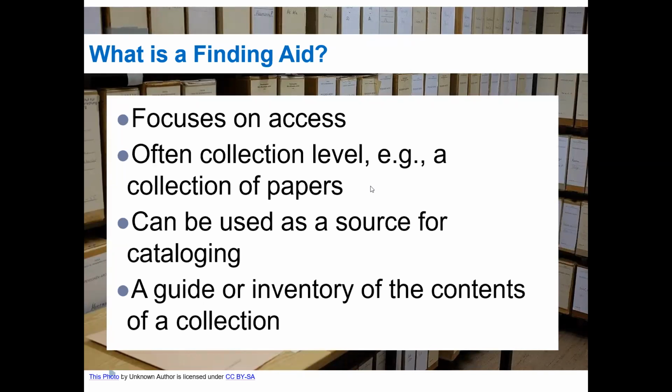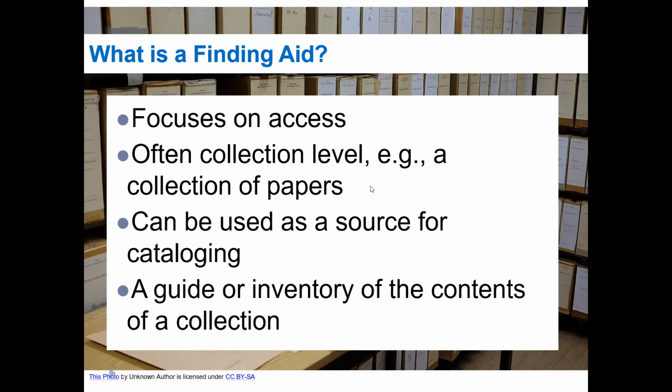So it focuses on access to be able to direct people to resources, but by the nature of how these resources are sometimes boxed up or collected, or put into a file folder if it's digital content, it focuses on the access at that collection level.